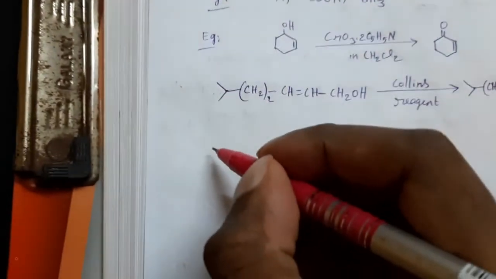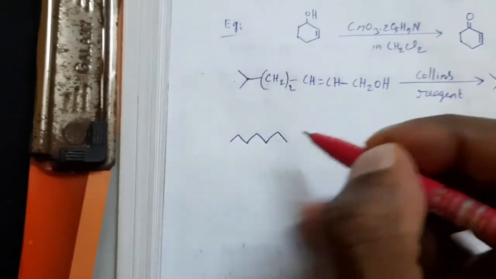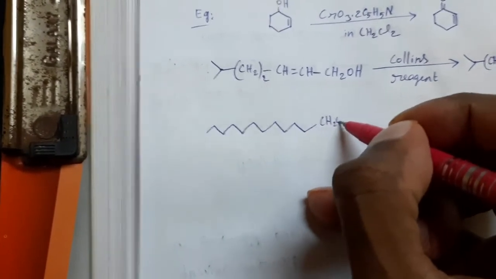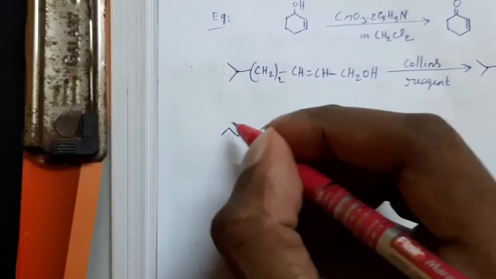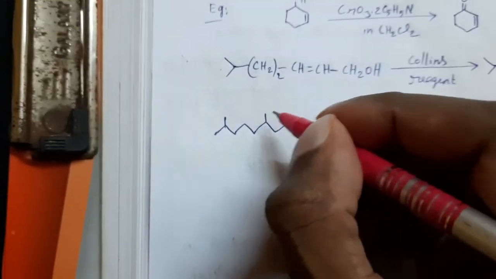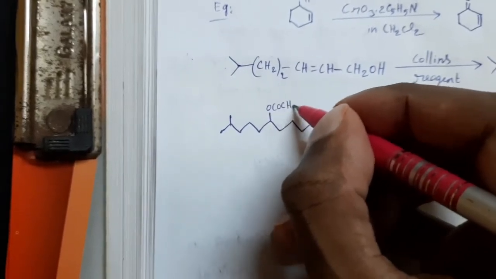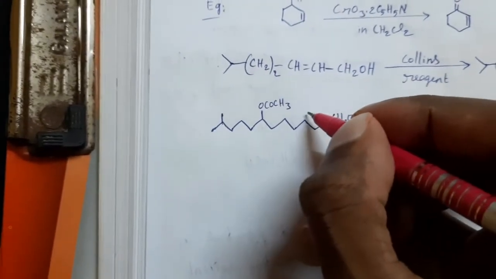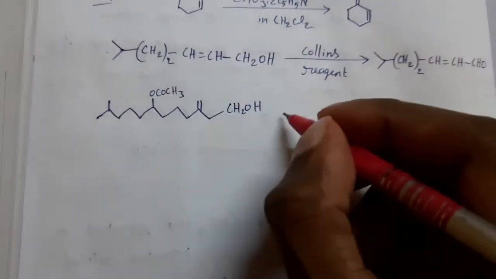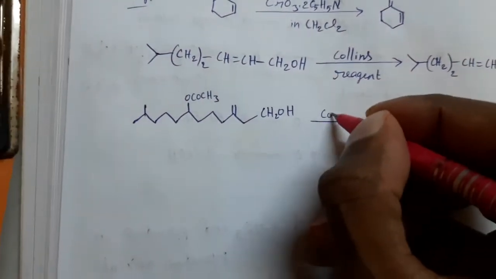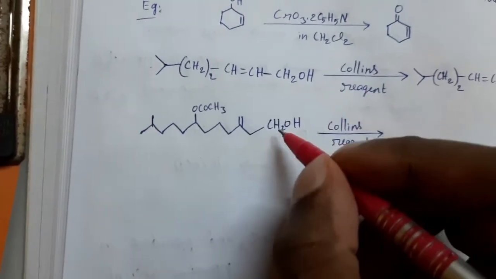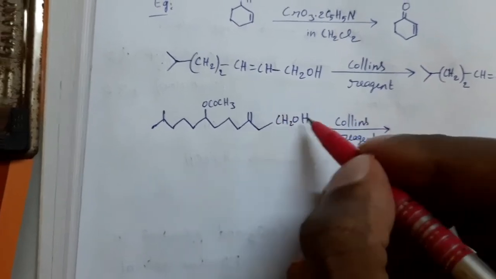See this example. Methyl, here OCOCH3, this one double bond. Now this compound is oxidized by Collins reagent. Then what is the product? Only this group is converted to aldehyde.